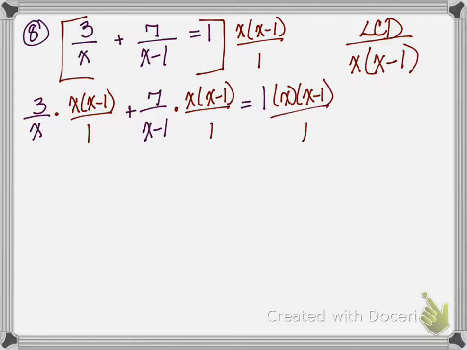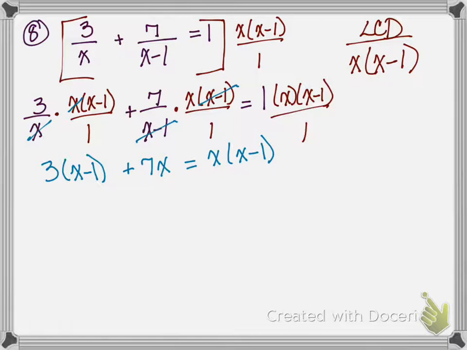Okay. My x's cancel. I'm left with 3 times x minus 1. My x minus 1 cancels. I'm left with 7x. Here I got 1 times x minus 1. So I'm left with x times x minus 1. That is not nearly as intense as that super nasty one you had on your quiz.